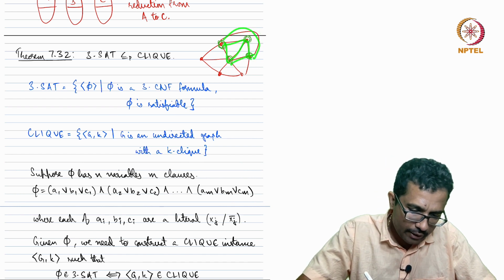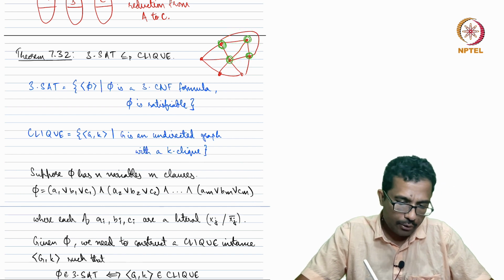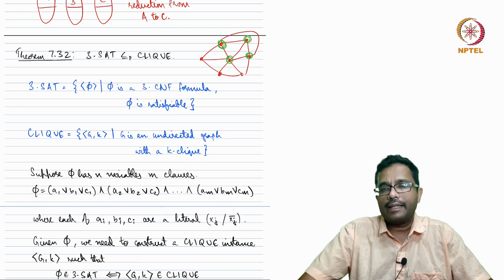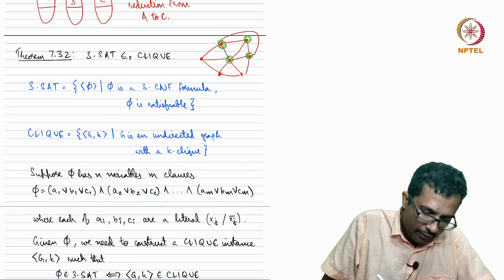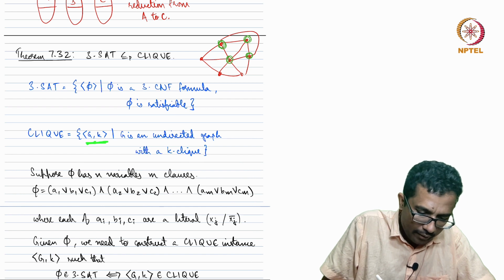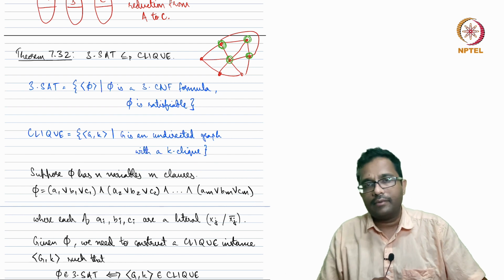So which means this graph has a 4-clique, but it does not have a 5-clique. There is no set of 5 vertices that are adjacent to each other like this. So the clique language consists of pairs G and K, where G is an undirected graph with a K-clique, right?